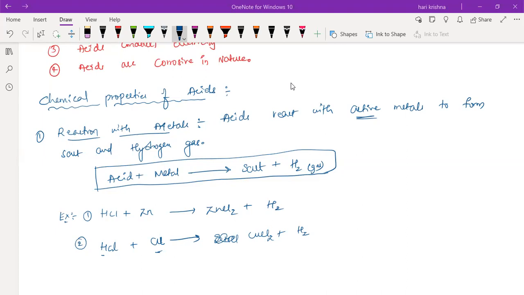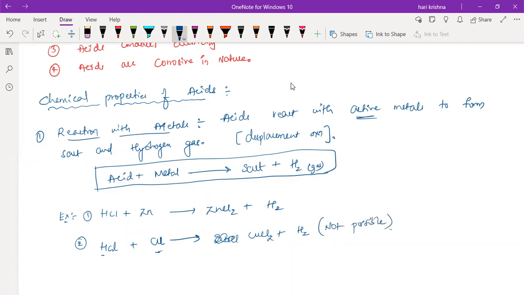So it is also one type of displacement reaction only. Whenever the metal is more reactive than hydrogen, those metals will replace the hydrogen from the acid and form the respective salt and hydrogen gas. Okay, so this reaction is not possible.